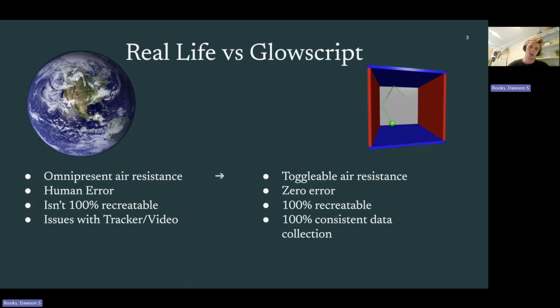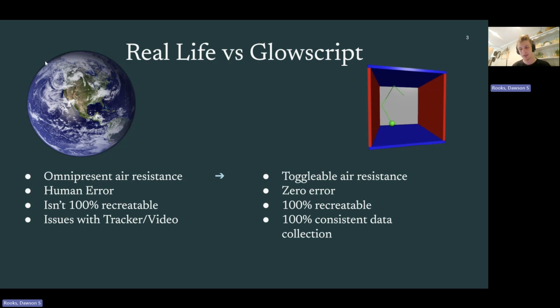All right, so as always, real life versus GlowScript is not the same, quite different, especially with Tracker software. Tracker software asks us to track an object, and it can mess things up when we do it, whereas in GlowScript it just knows the motion because it's programmed.